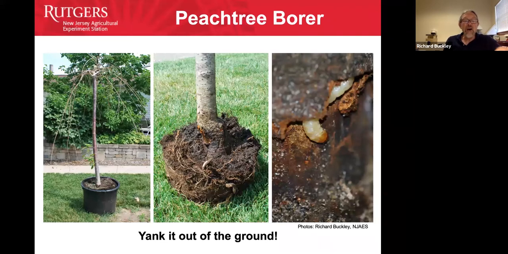But how are you going to know unless you're willing to yank the plant out of the ground? In this particular example, it took us about 90 seconds to identify the problem. We pulled it out of the pot, knocked the soil off, and there are the peach tree borers. Unless you're willing to do that, you're never going to see the issue.